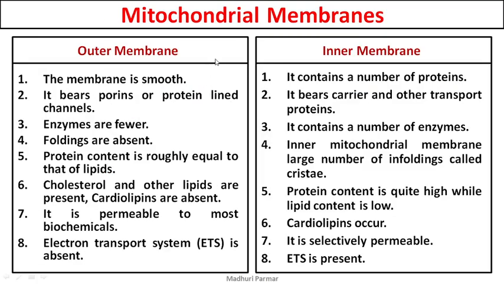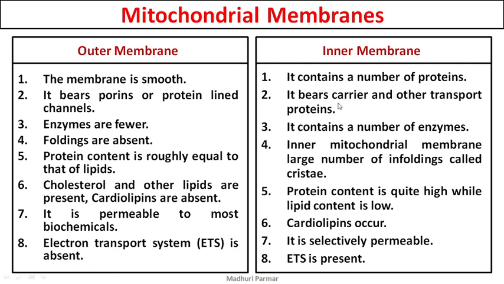And this is the comparison between the outer membrane and the inner membrane. The outer membrane is smooth, while the inner membrane has a lot of proteins, so it will appear a little bit uneven. The outer membrane has porin channels. These porins allow a lot of things to pass inside, so it is permeable to most biochemicals.